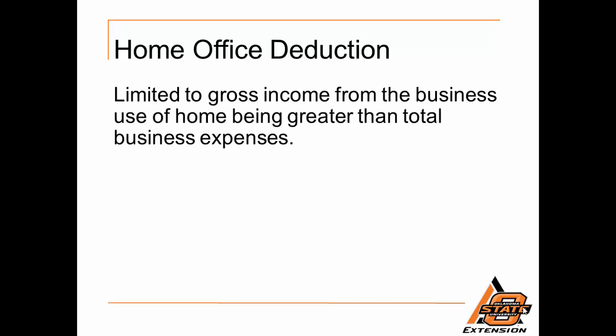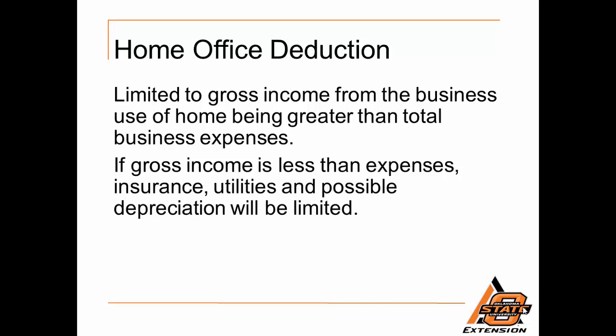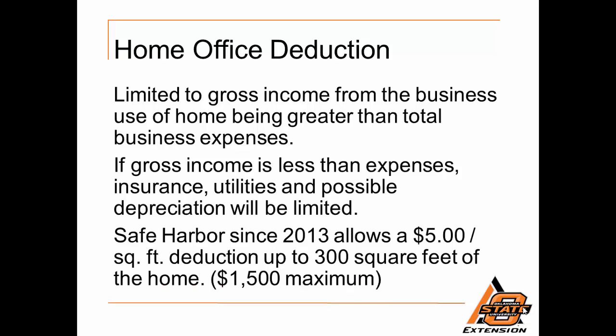For the deduction, we've got to look at the gross income from the business, and then the business use of the home being greater than the total business expenses. If gross income is less than those, then utilities, depreciation, and other items will be limited. But there is a safe harbor. This safe harbor took place in 2016.